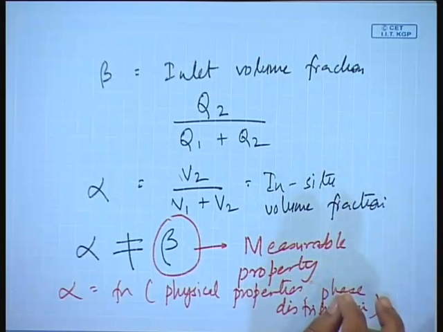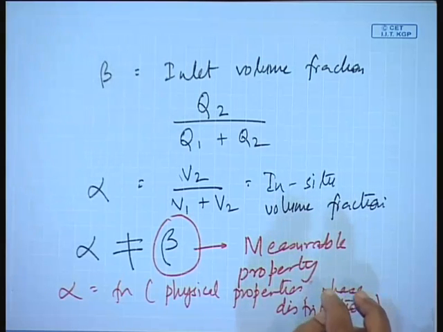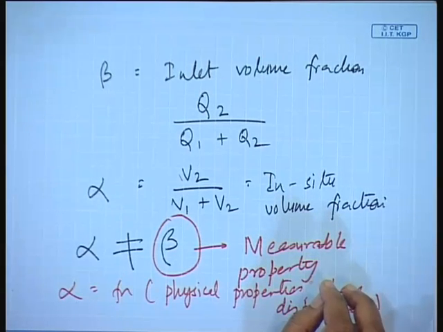Apart from this, there is one more quantity which I would very much like to mention. This is particularly applicable for boiling and condensation, that is the mass fraction of the total flow which comprises the vapor phase or the liquid phase. Initially it was the volume fraction, next the in situ volume fraction, next the inlet volume fraction.